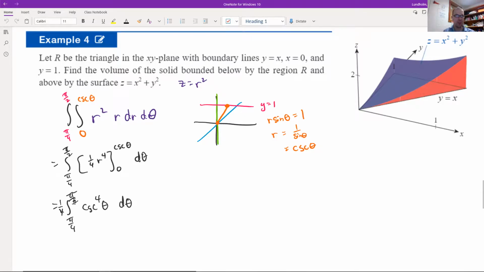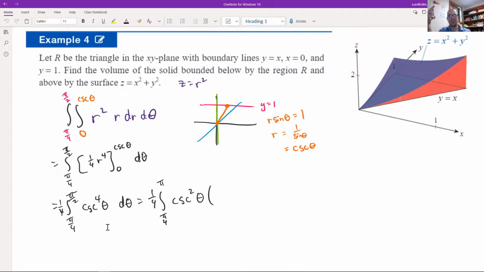So this is where the trig integral looks, maybe not too bad, but in order to do this, we've got an even power of cosecant, which means we would need to change this into cosecant squared theta times, oh goodness, so what's the Pythagorean identity that involves cosecant?